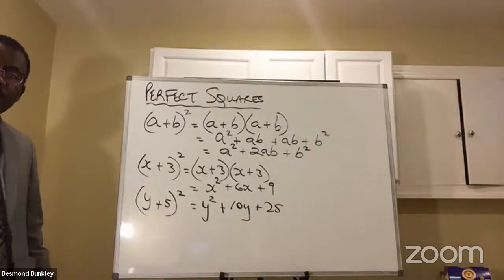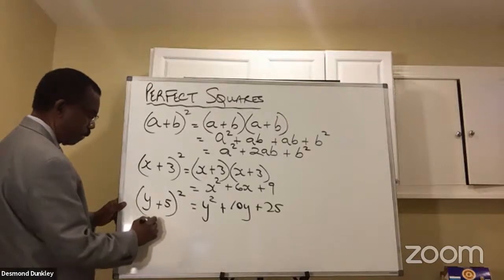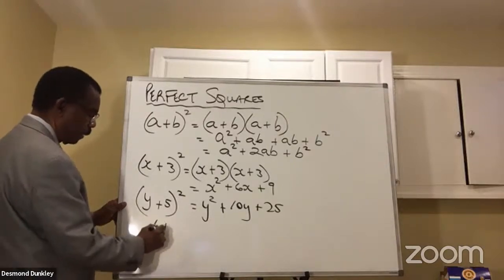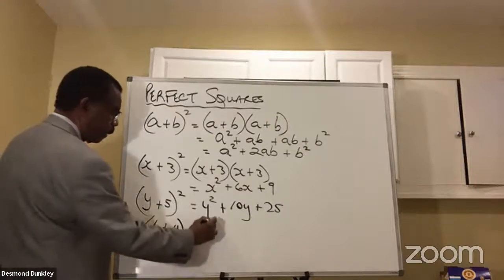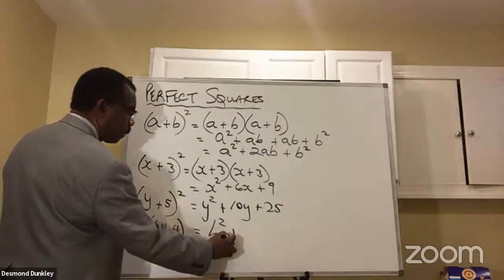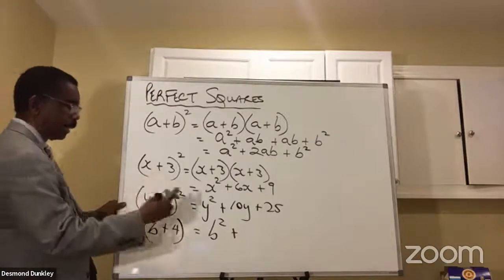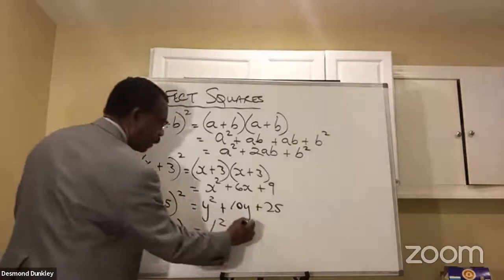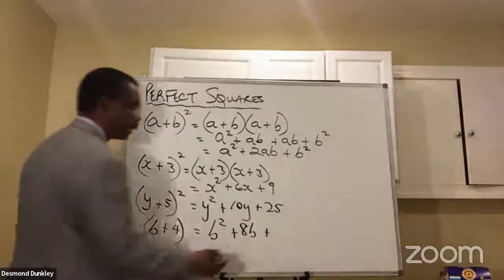So that's the pattern. Let's try another one. b plus 4 is going to be b squared plus 4 times b, 4b. Double it, 8b. Plus 4 squared is 16.